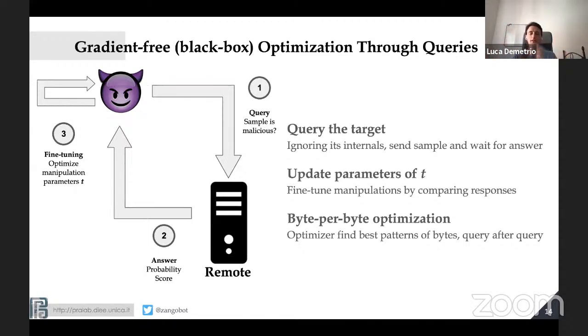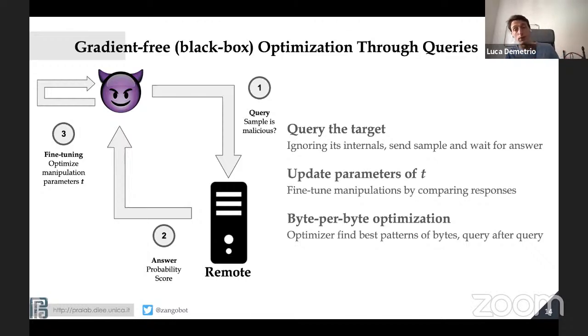Because you don't care about the internals of the model. You just want to create adversarial malware, and you don't want computed gradients. You query your target n times, then you update your parameters, change the manipulation, and then you rinse and repeat. So this is byte-per-byte optimization of the payload.